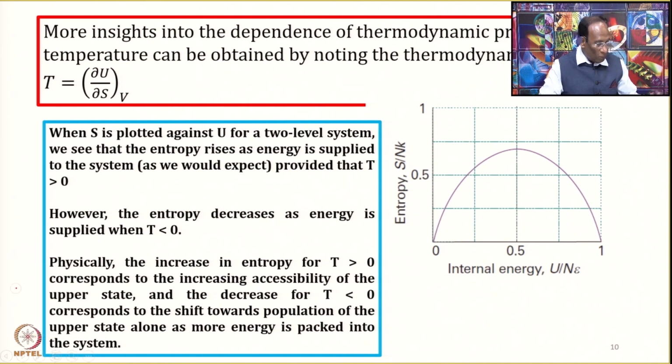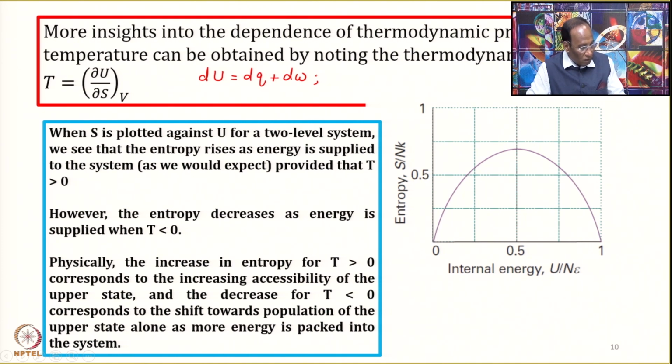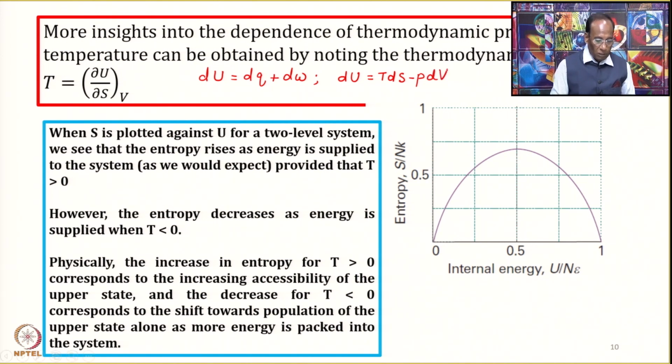First law of thermodynamics, dU is equal to dq plus dw. And you remember the fundamental equation, dq is equal to TdS, that means I will write dU is equal to TdS minus PdV, dw is minus PdV.